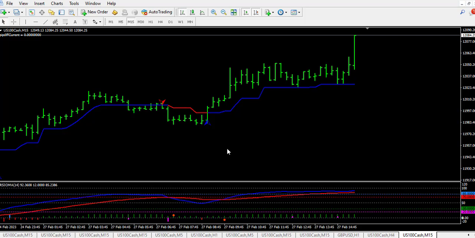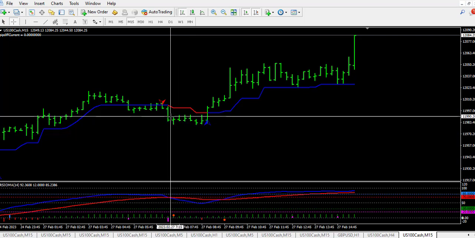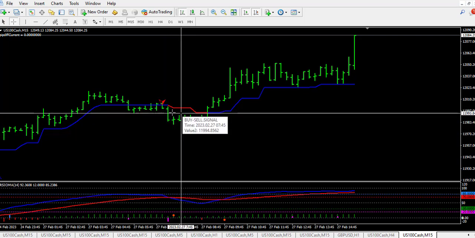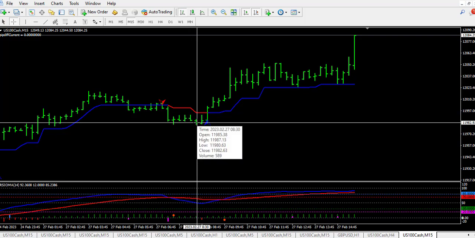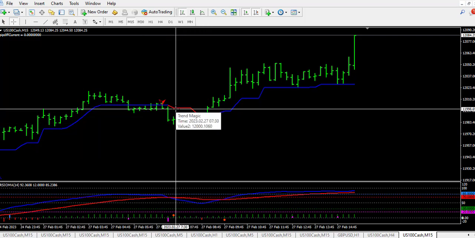Now, let me show you how to use this particular strategy. One thing you should look out for is the agreement of these three indicators that I've combined together. Make sure the three indicators are in agreement. We have this indicator turning from blue to red at this point for a sell; blue is for buy and red is for sell.